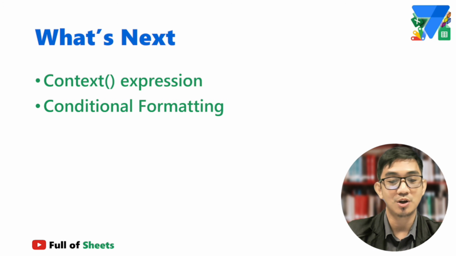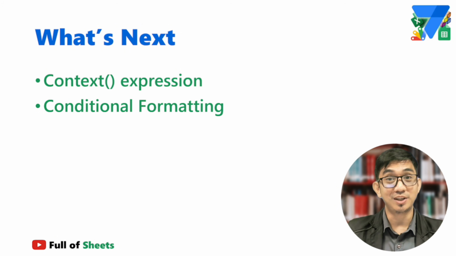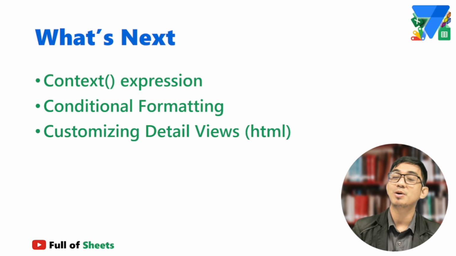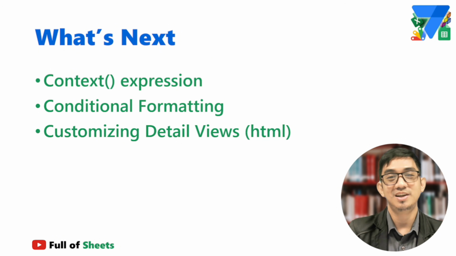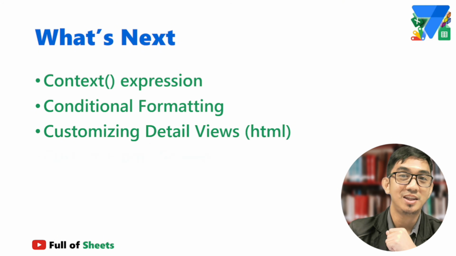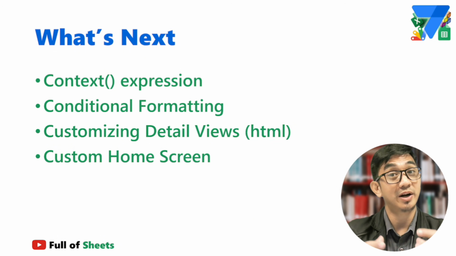We will also talk about conditional formatting, where we can format text in the different views in our app depending on certain conditions. Then we'll talk about customizing our detail views using HTML and markdown. And finally, we will create a custom home screen so that we can help our users navigate through our app more intuitively.